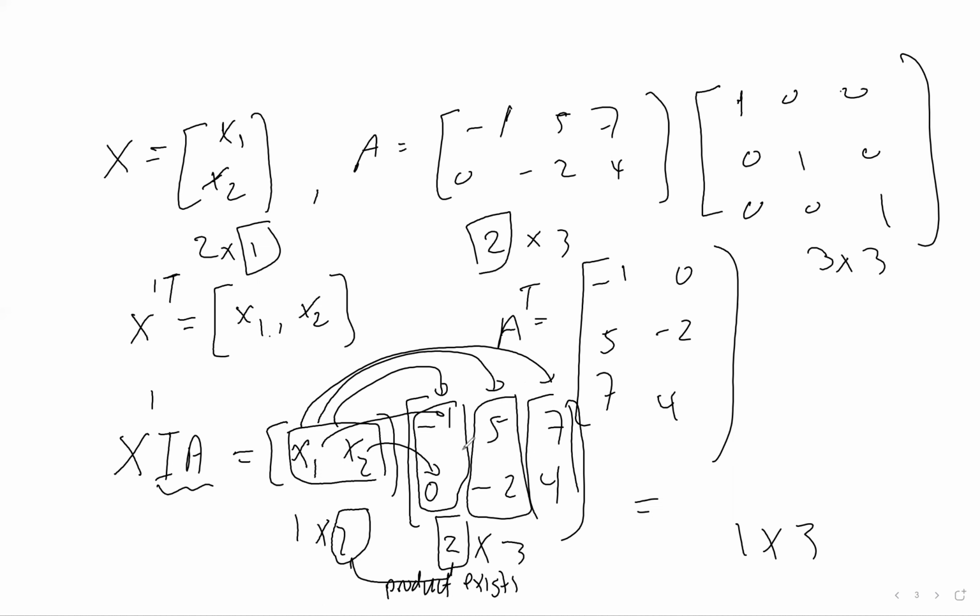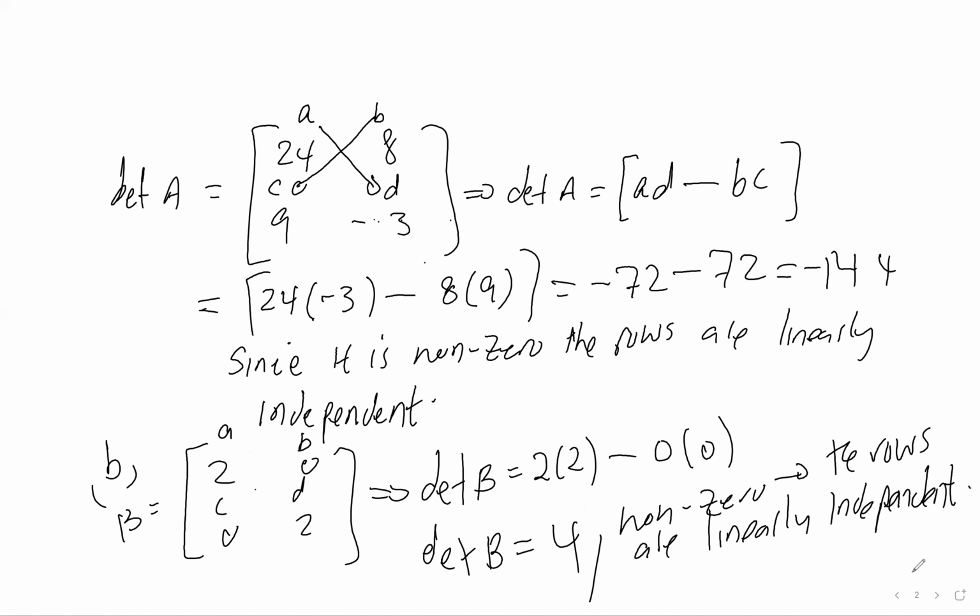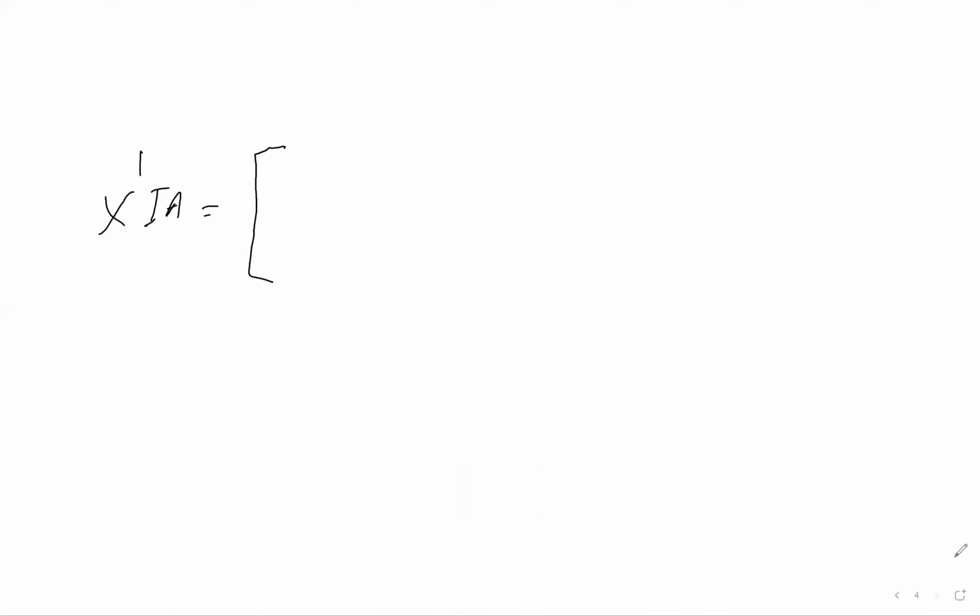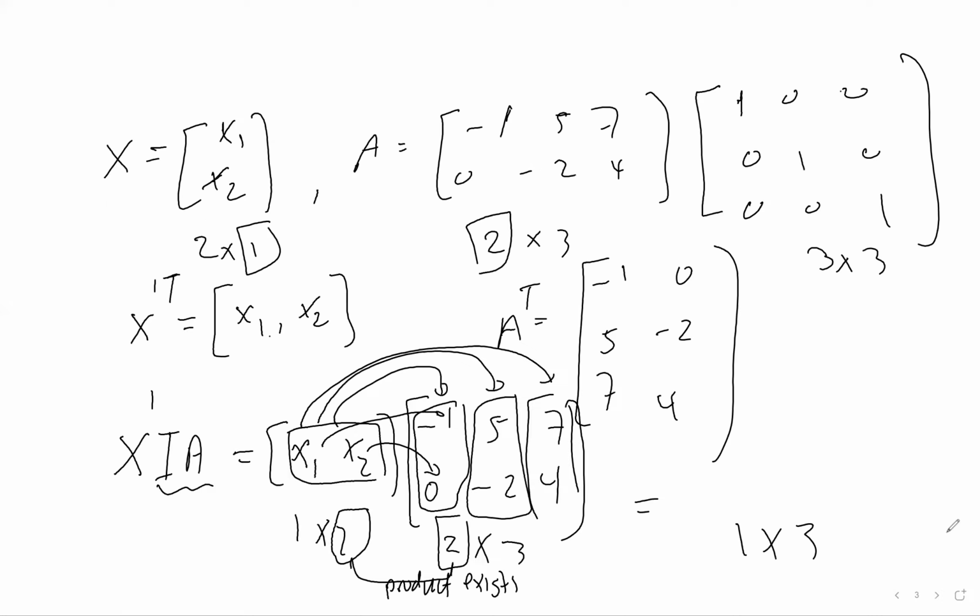So let's do it. We have minus x1, because that's times -1, and the other term is 0. Then for the second one, we have 5x1 and -2x2. If you remember, I'll just have it here.